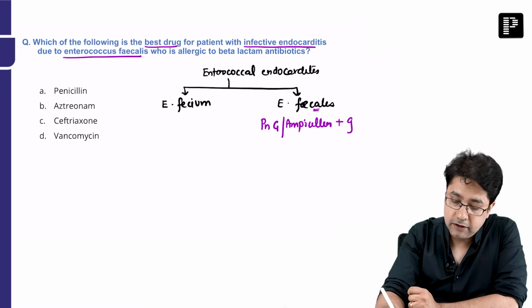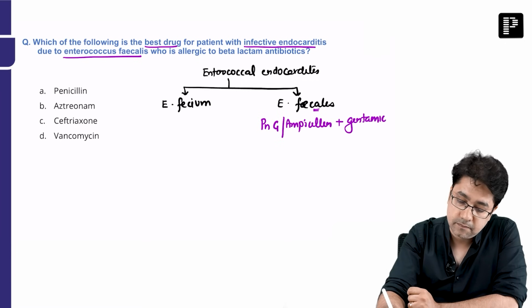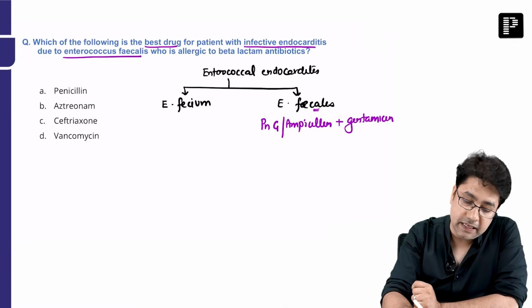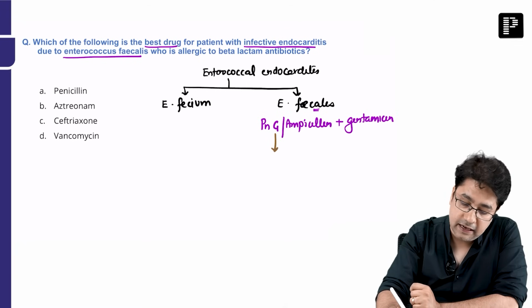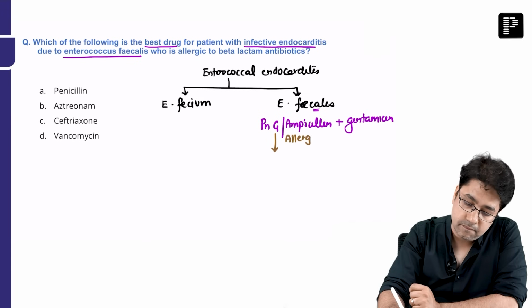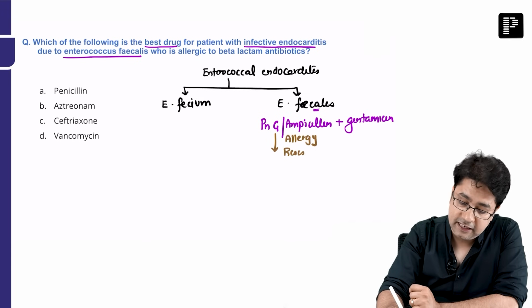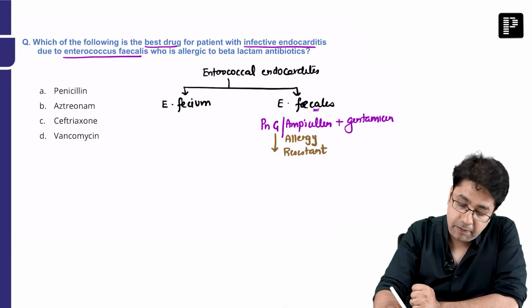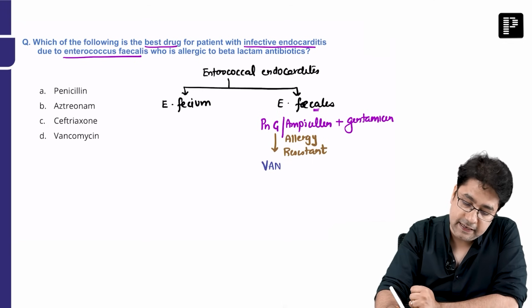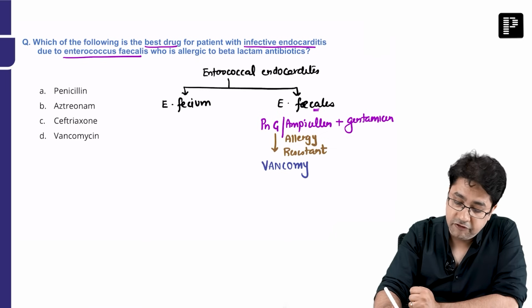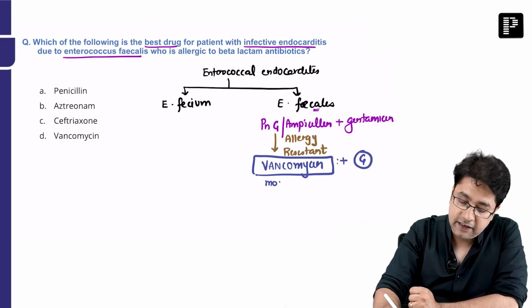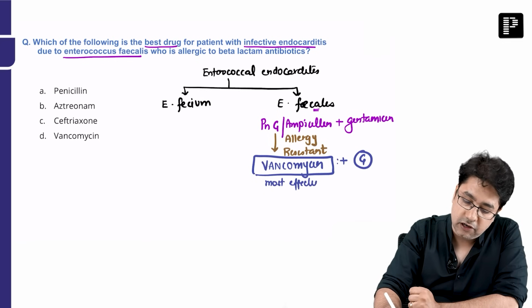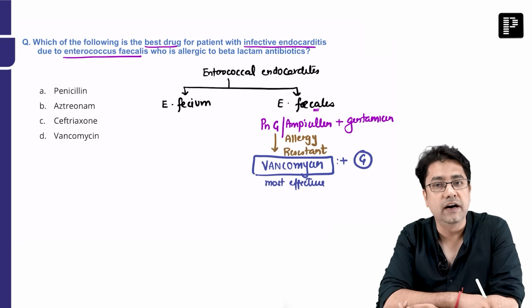with aminoglycoside like gentamicin. Now in cases of penicillin G or ampicillin allergy, or in resistant cases of penicillin G or ampicillin, we replace penicillin and ampicillin with vancomycin, and we can write vancomycin with gentamicin is the most effective drug for the treatment of enterococcal faecalis endocarditis.